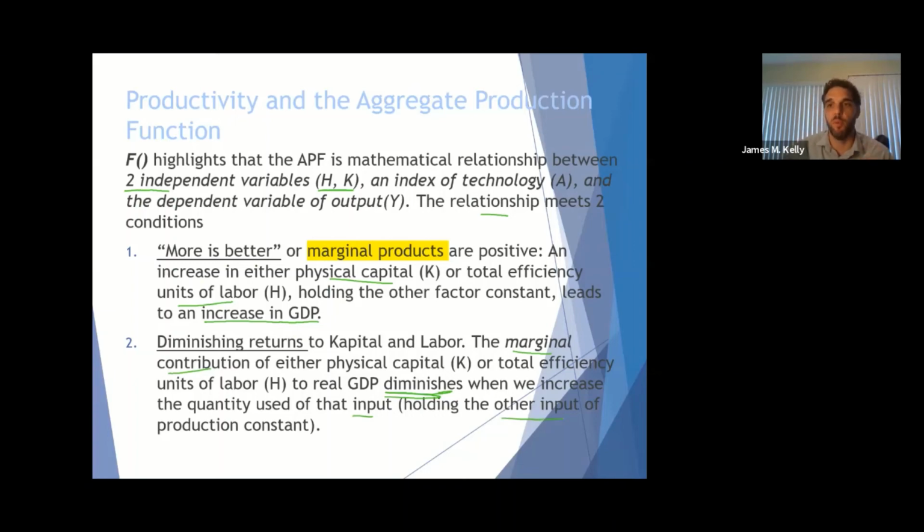Because we have two inputs, the way we're going to model the aggregate production function is by holding one variable constant, and then showing how output changes with an increase to the other input.